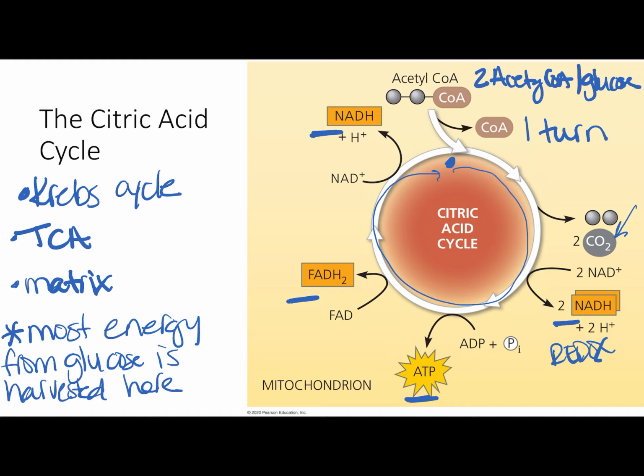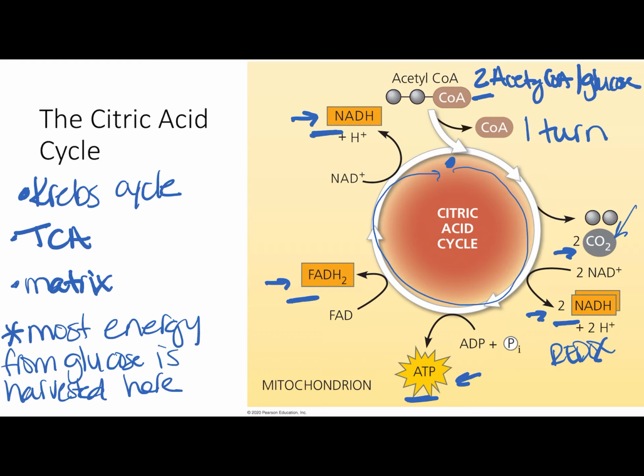Well, how many times does glucose turn the cycle? Twice, because we get 2 acetyl-CoAs per glucose, because we had 2 pyruvates per glucose, and each pyruvate was oxidized into acetyl-CoA. Okay, so these products, 2 CO2s, 2 NADHs, ATP, FADH2, NADH, those are all per turn, okay?